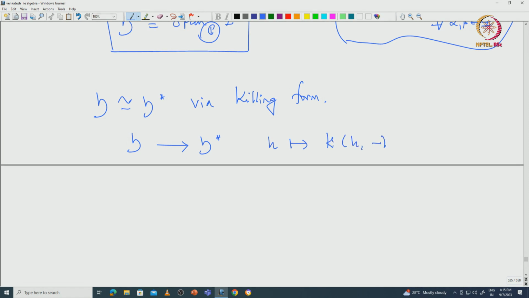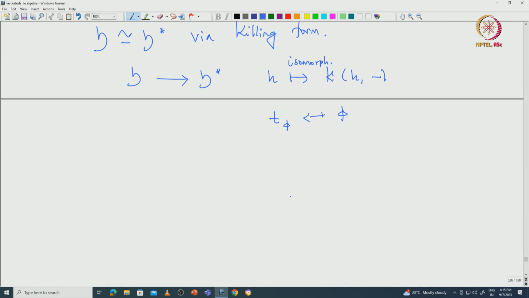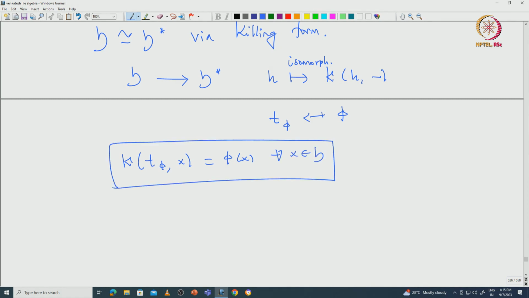We proved this map is an isomorphism, and given pi we associated the pre-image to be t pi. In particular, t pi is uniquely defined by the equation kappa of t pi comma x equals pi of x for all x in H. So, this is how t pi is defined.